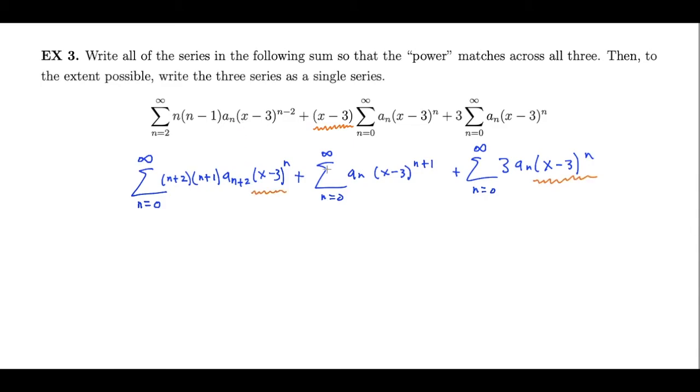All right, at this point, I've got two like terms, (x minus 3) to the n. And so these two series, I'm ready to combine in such a way that I can write them as a single series. This particular series, I can't accomplish that quite yet because I have a higher power on that (x minus 3) term. One way to account for that would be to simply change the values in this definition of this series, that is, decrease each of these by 1.